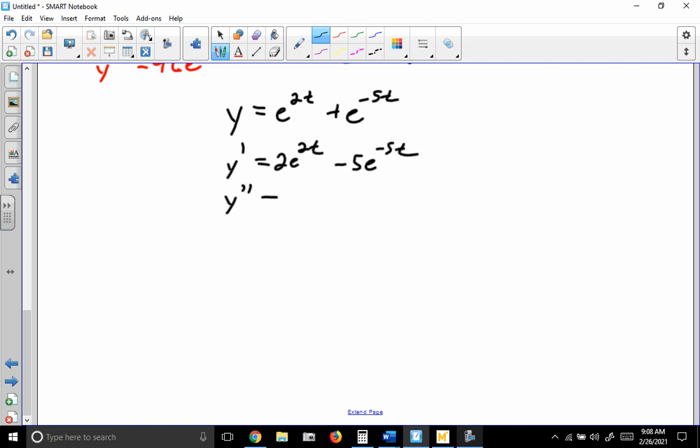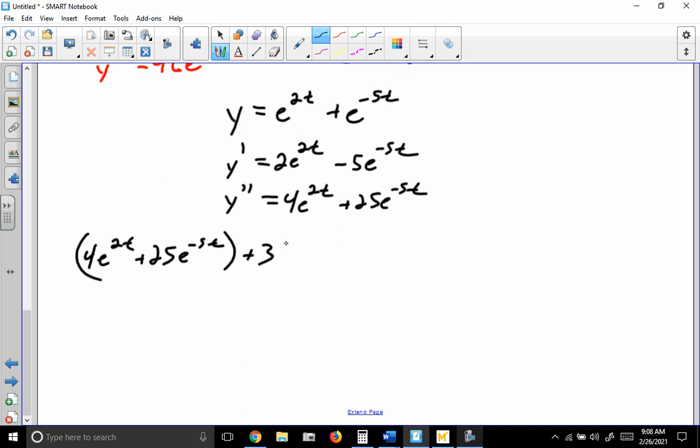Our second derivative would be 4e^(2t) plus 25e^(-5t). If we substitute that in, we get our second derivative plus 3 times our first derivative. Remember, this is just the given differential equation, minus 10 times our function.